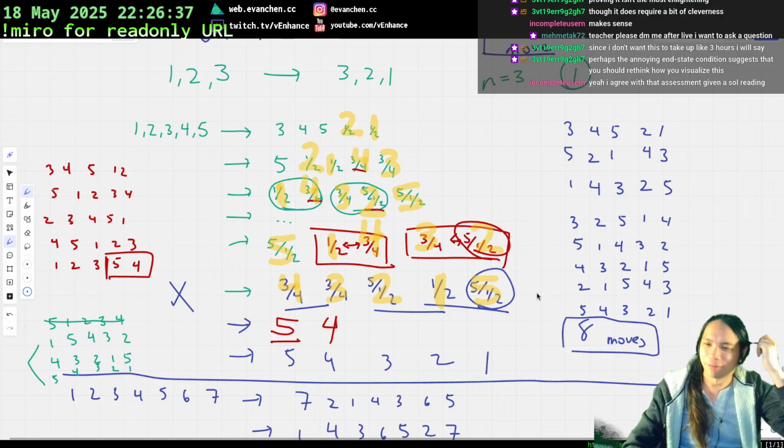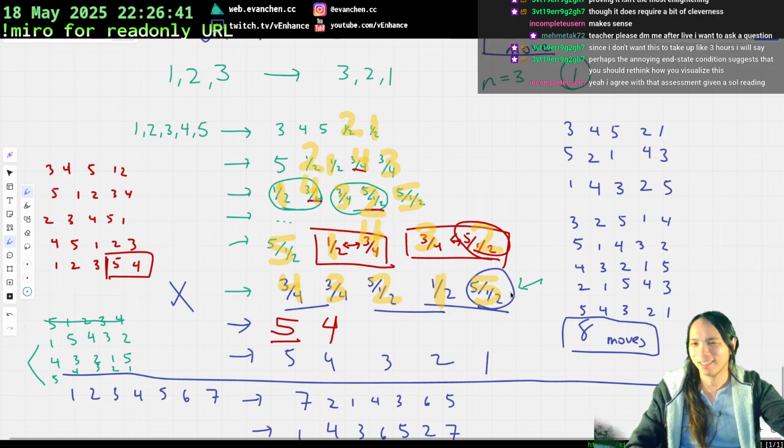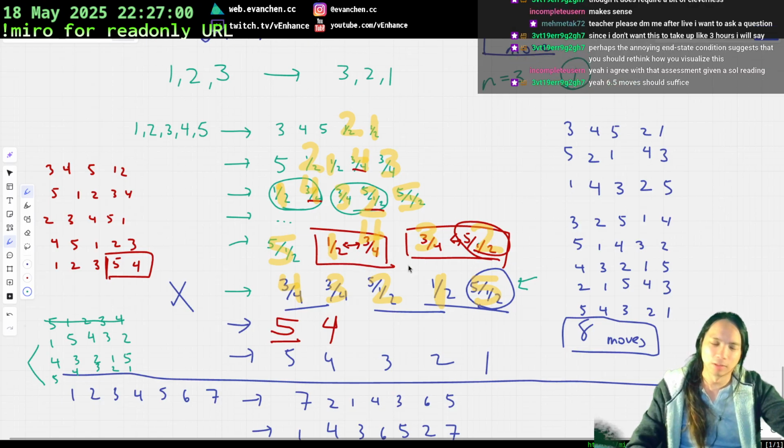I literally have 4 3 2 1 5 written here. So 6 moves, if I stop here. That better be optimal. I don't believe you can do it in less than 6, because if I want to stop here, it doesn't work.